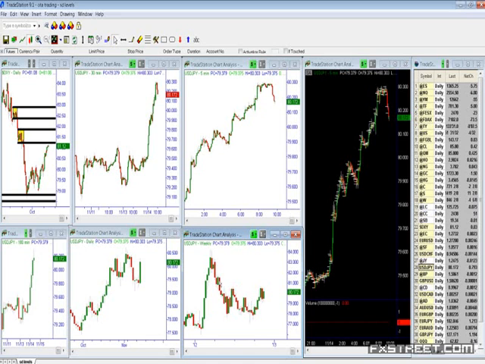Okay. So we've got a nice fresh weekly supply up here. But again, just looking at this, that would always force me to go down to a smaller time frame. Always cause me to go down to a smaller time frame. Let's do that.